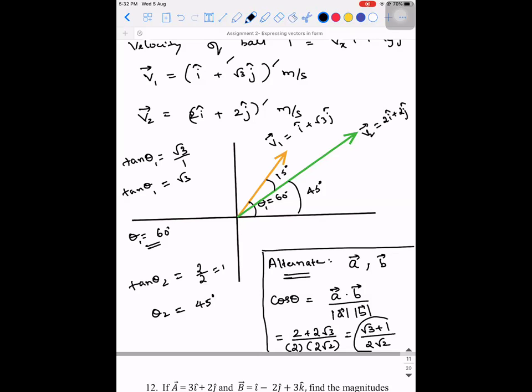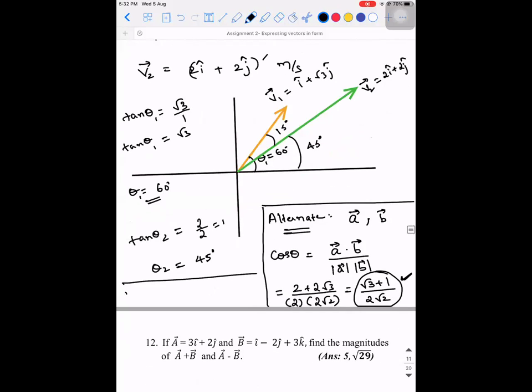If you observe, cos of 15 degrees is equal to this value. You can open your math textbook and see that cos 15 degrees will be equal to this value. How we would have got this cos 15 is because cos 15 can be written as cos of 45 minus 30. Cos of A minus B is cos A cos B plus sin A sin B, right?